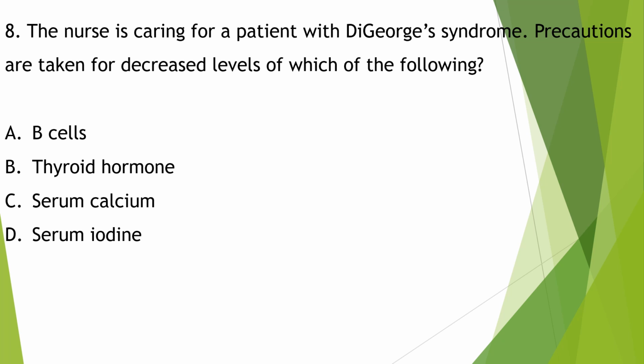In DiGeorge syndrome, when you read about the acronym CATCH-22, you understood there is hypocalcemia. So serum calcium is one thing which will be decreased. It's a problem with T cells and not B cells, and the thyroid hormones and serum iodine are not affected.